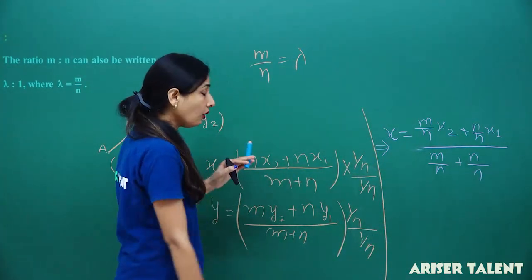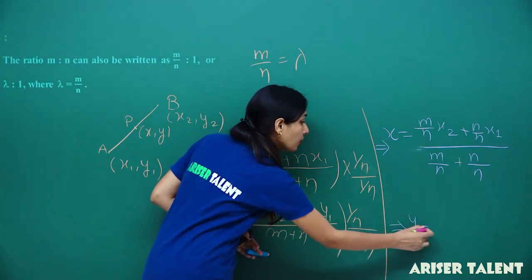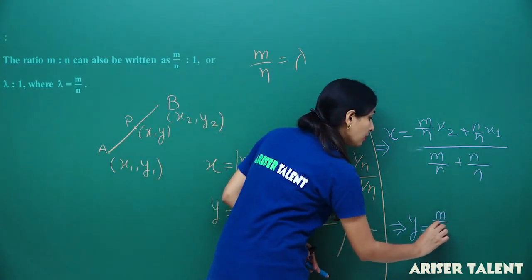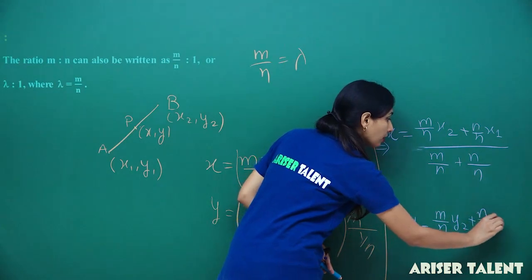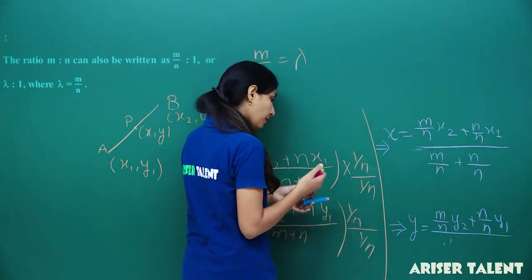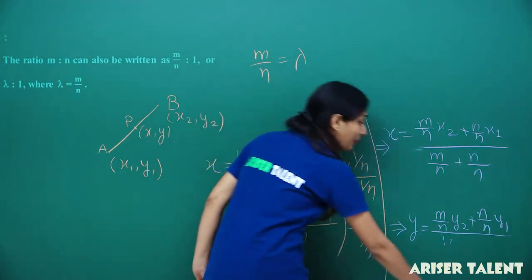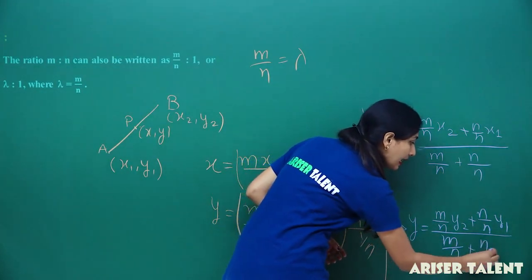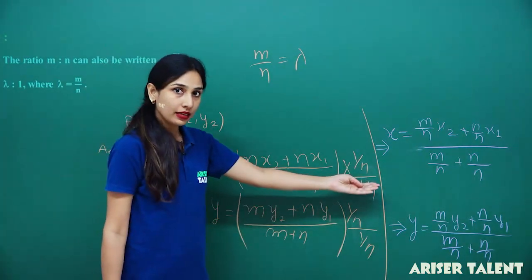Okay, now if I talk about y, for y that will be m by n y2 plus n by n y1 upon m by n plus n by n. Look here, it is the same, right?